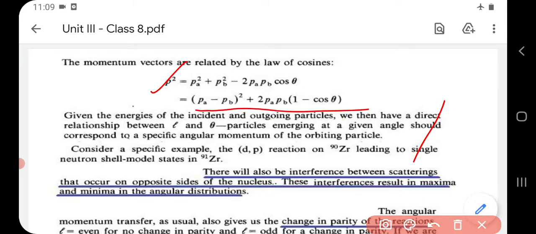Once you know the energy of the incident and outgoing particle, we then have a direct relationship between L and theta. That is, a particle emerging at a given angle should correspond to a specific angular momentum of the orbiting particle. Now they are mentioning the same example that we have discussed.